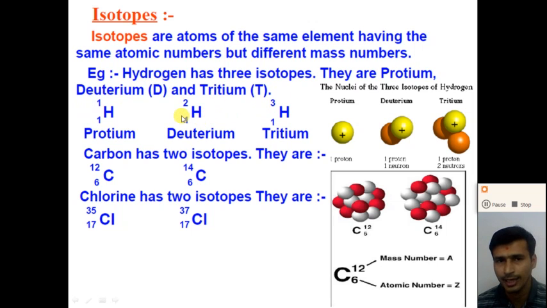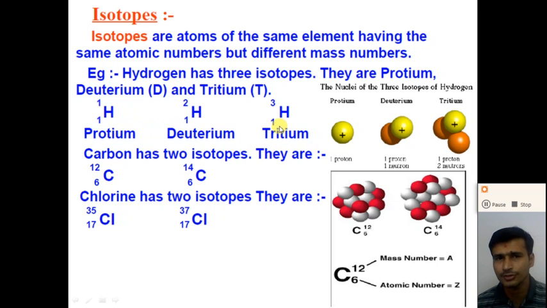The atoms of protium, deuterium and tritium are shown in this figure. In protium, deuterium and tritium, the atomic numbers are the same. The atomic number of H11, that is protium, is 1, the atomic number of deuterium is 1, and the atomic number of tritium is also 1.